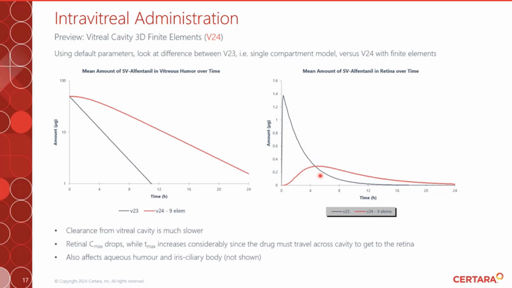And not only that, but the exposure in the retina, which is usually the target of intravitreal injections, is massively different. So this is very important. You have a much lower Cmax and a much higher Tmax. So it's a pretty exciting addition for version 24 to have this in there as well.